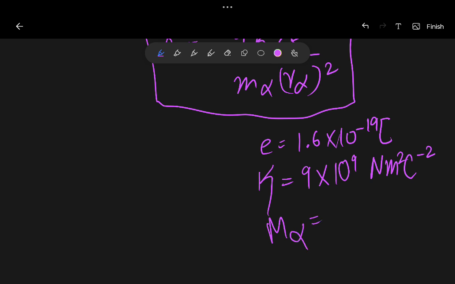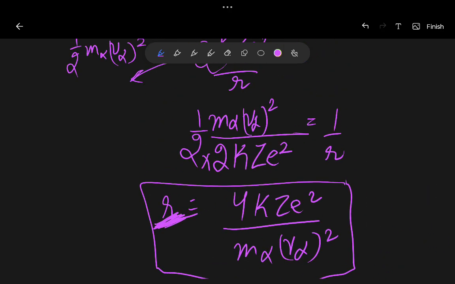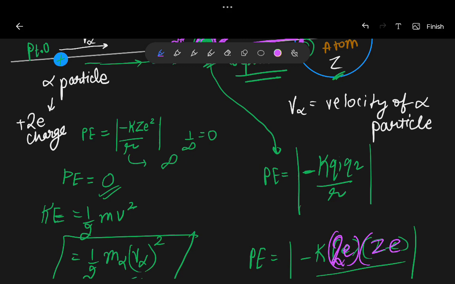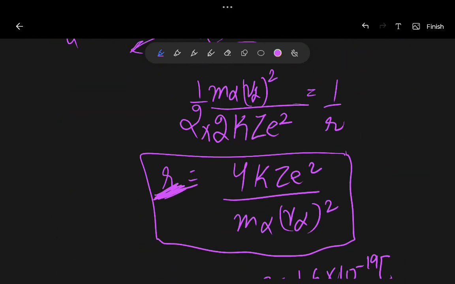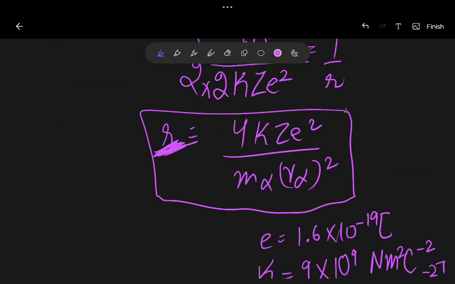And m alpha is just the mass of the alpha particle, which is 4 into 1.67 into 10 to the power -27 kgs. So this was all about it, and see you in our upcoming video.